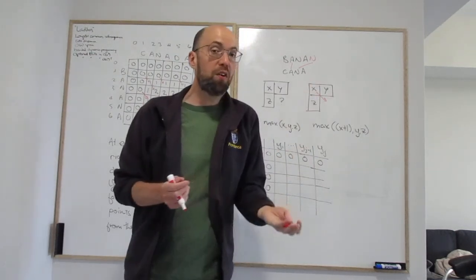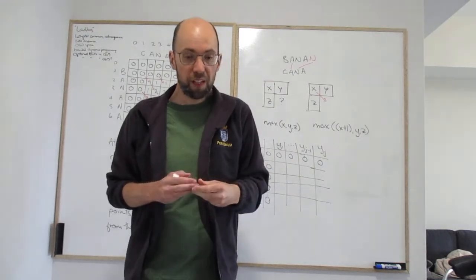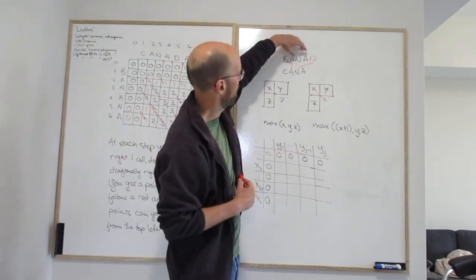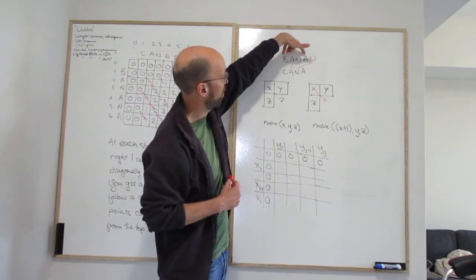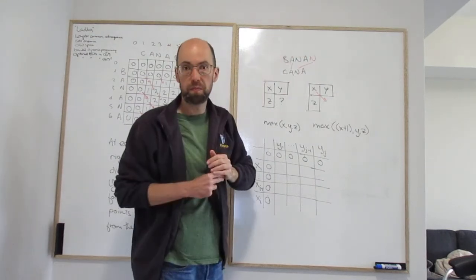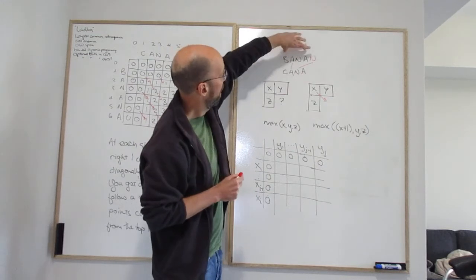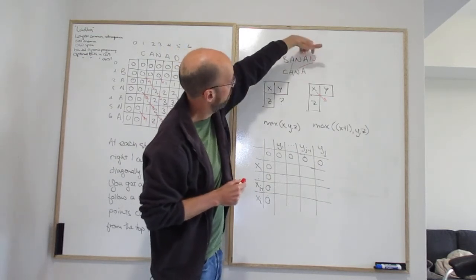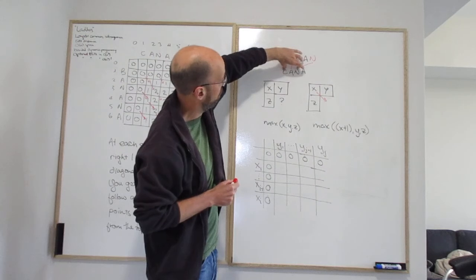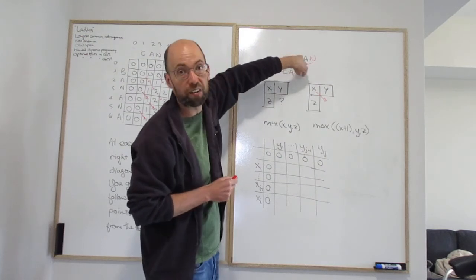Or, if they don't match, then I can just take whatever subsequence existed, and I don't choose them. Or I can take the subsequence that matches to some earlier part, and I can throw this character away.